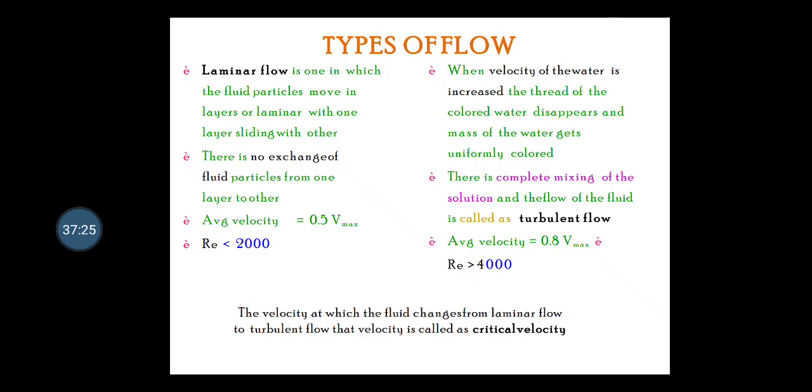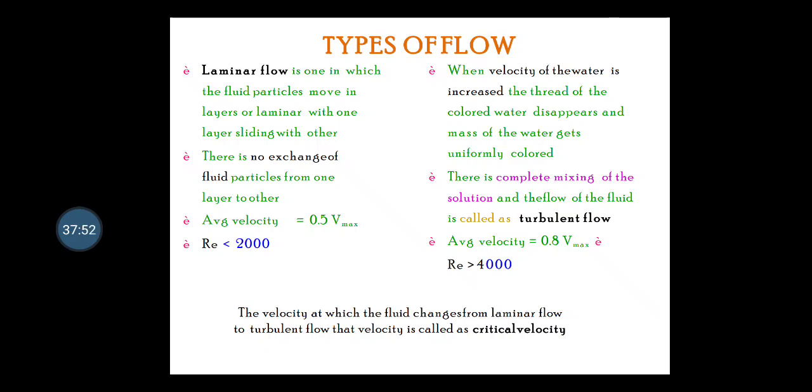The very first point in the differentiation: laminar flow is one in which the fluid particles move in layers, with one layer sliding over the other. In case of turbulent flow, the velocity of the water is increased, that means your pressure difference is increased, the thread of the colored water disappears and the mass of the water gets uniformly colored.